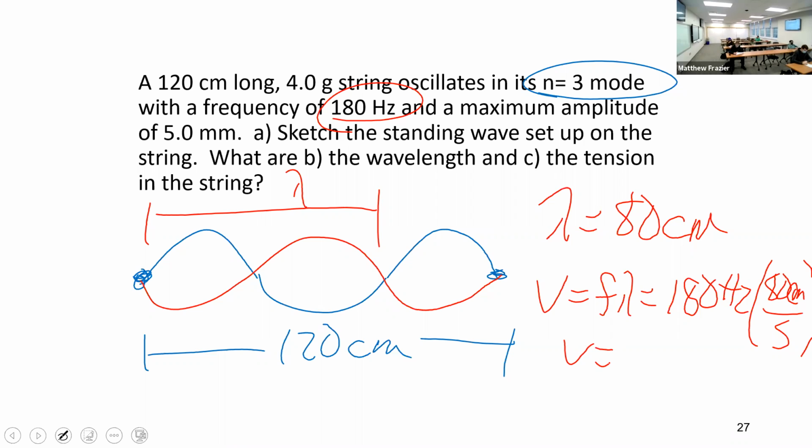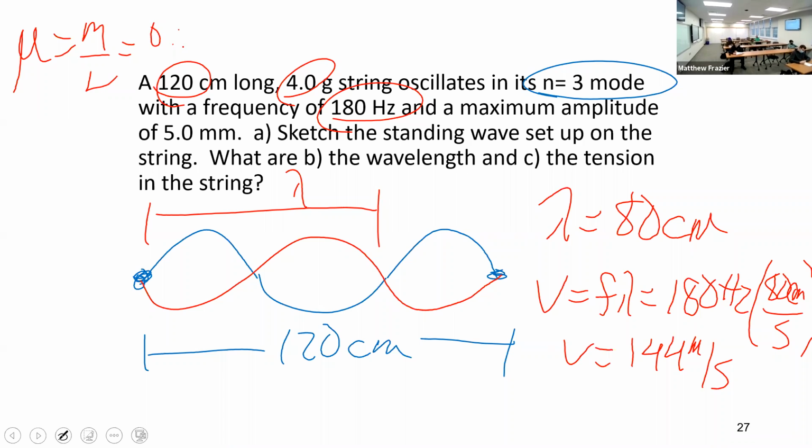So 14,400, and we're going to convert to meters. 144 meters a second. Now we have the velocity and we have the mass per unit length. Mu is m over L, is 0.004 kilograms per 1.2 meters.